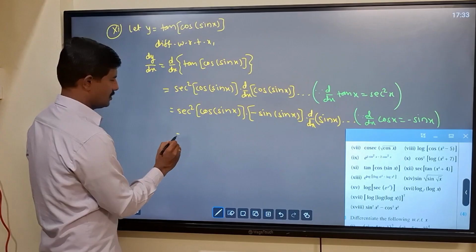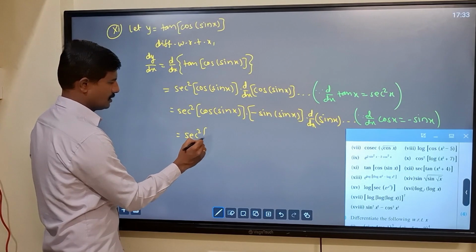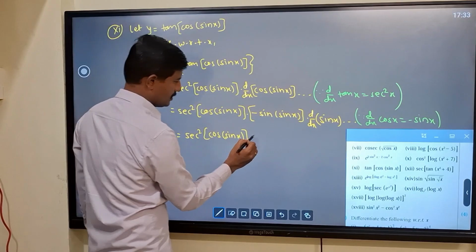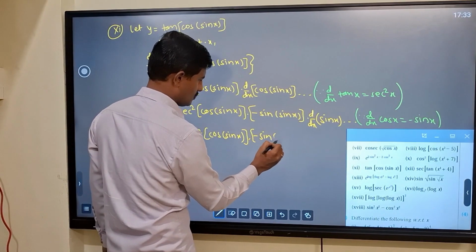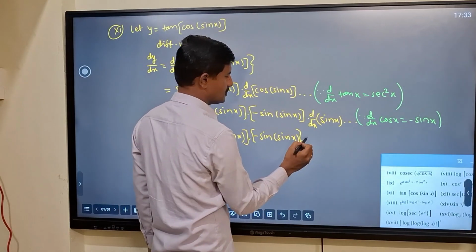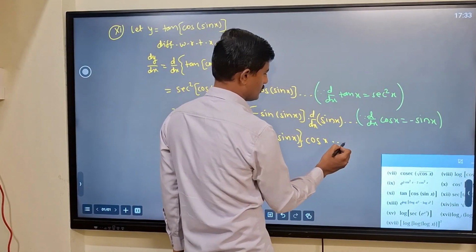And now sec square cos of sin x into minus sin of sin x into the differentiation of sin x, which is cos x.